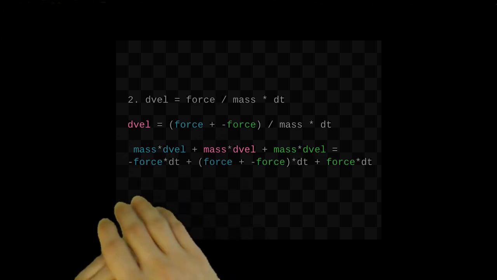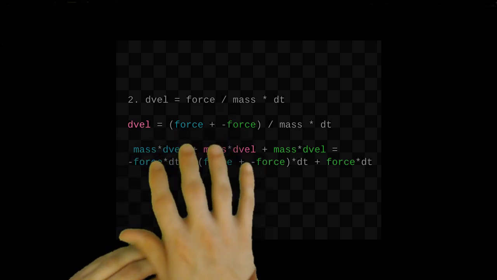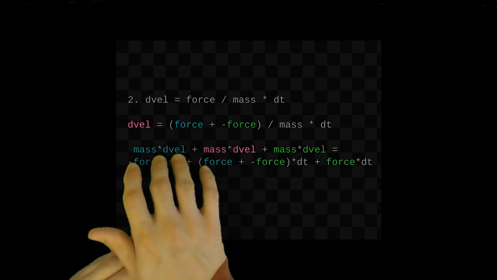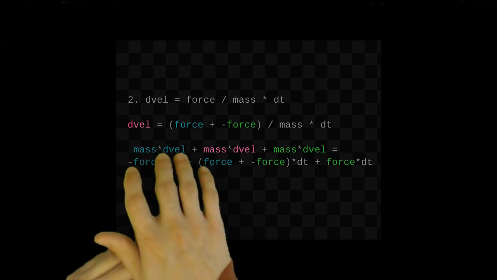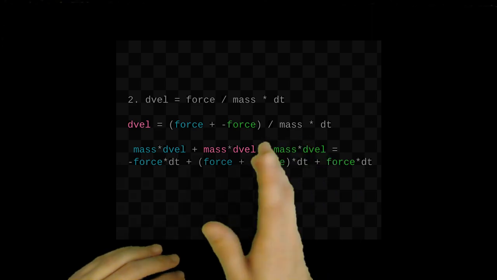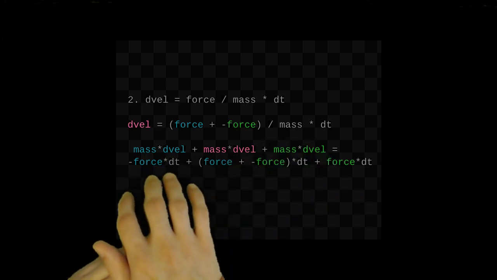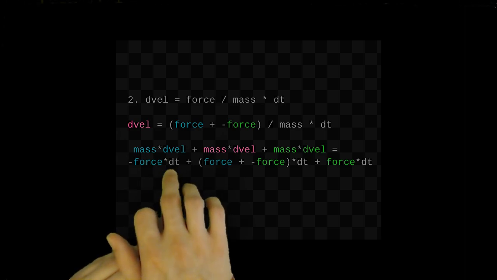If we were to add up all of the momentums, not the momentums, all the masses times delta velocities, because momentum is mass times regular velocity, what would you get? Well, for the blue object, you'd get, like we talked about, the negative force times dt.